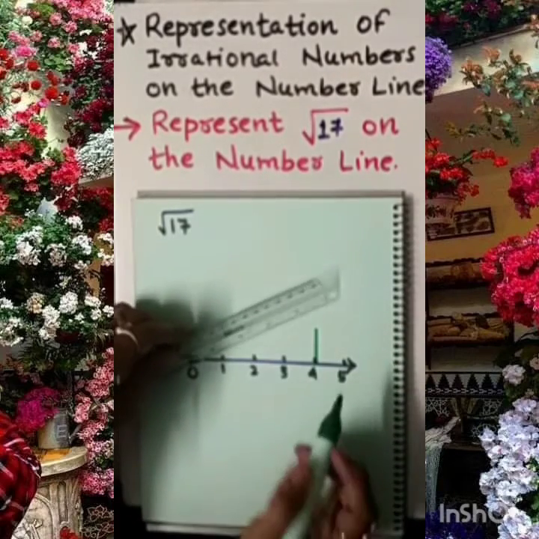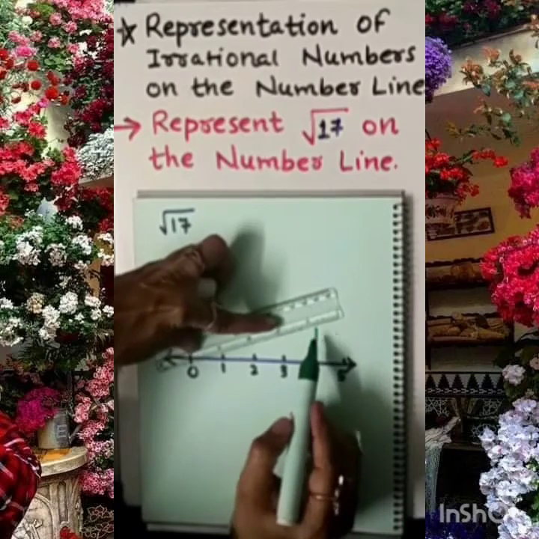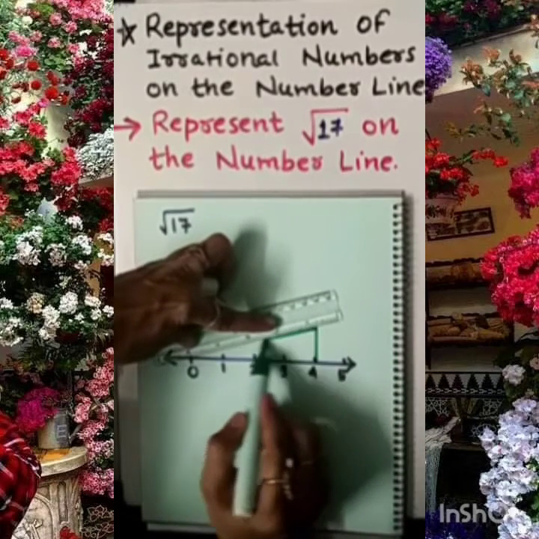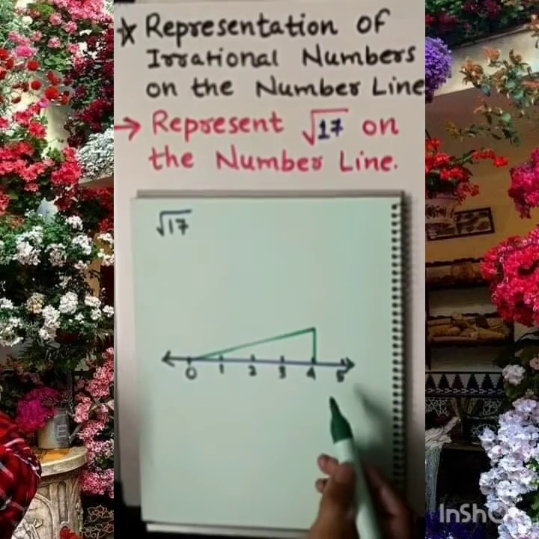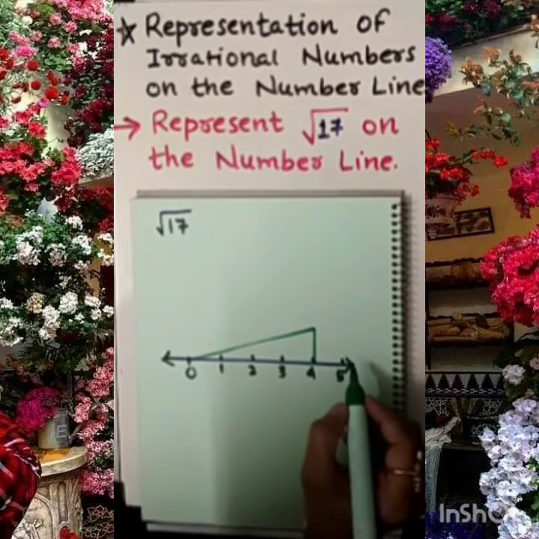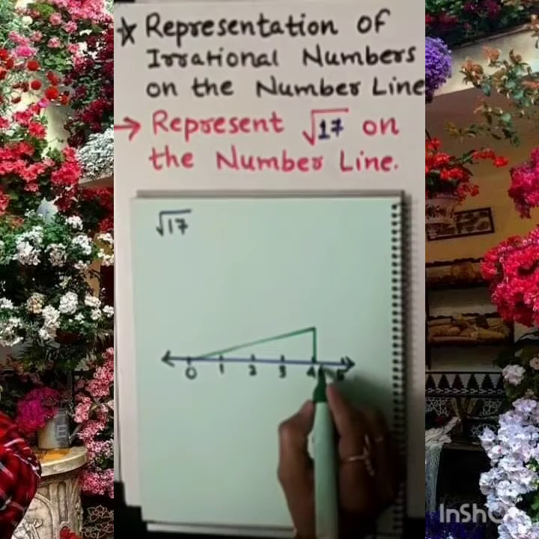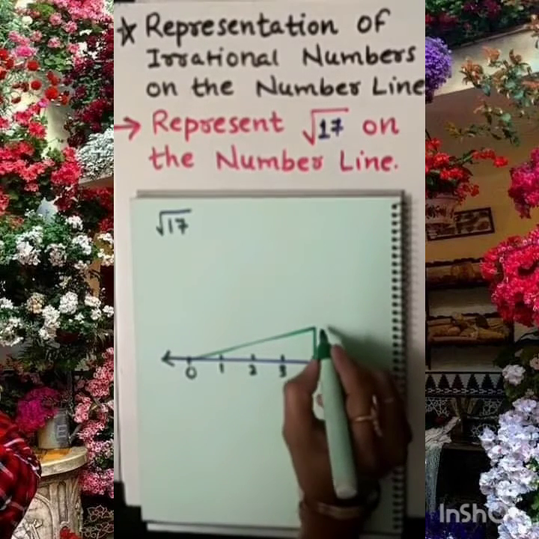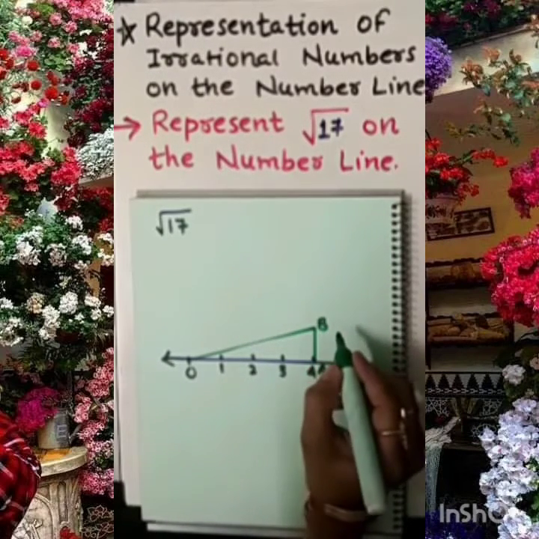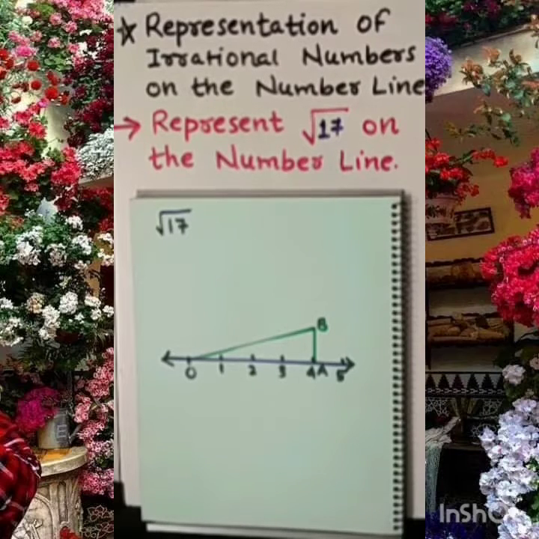So next step, I am going to join this O to this point from here to here. If I join this, let me give the naming: this point is A and this point I am giving as B. Now we need to draw one arc. So how to draw one arc?